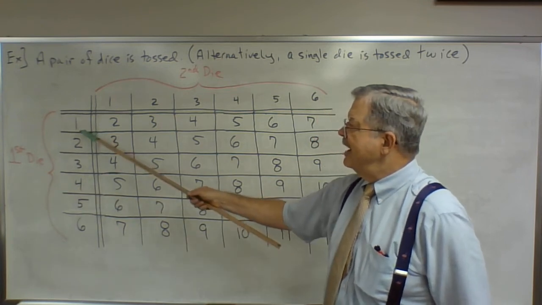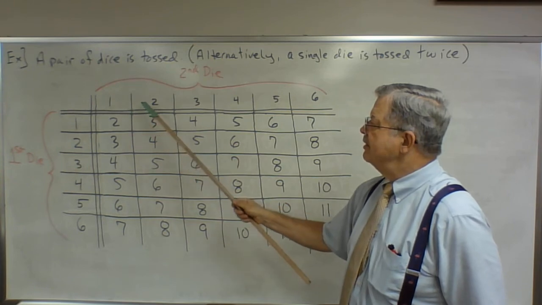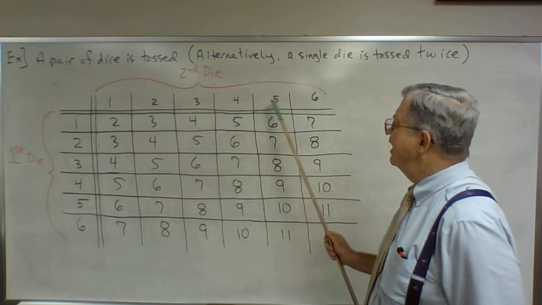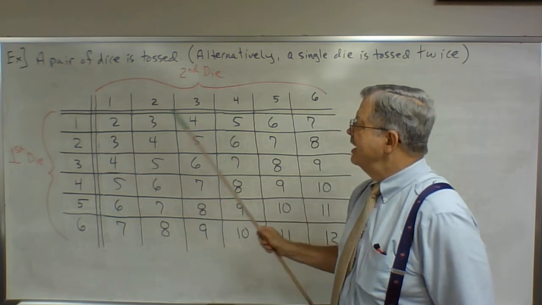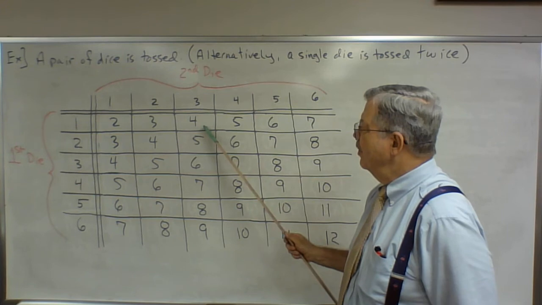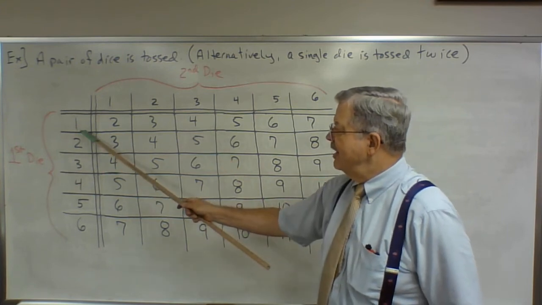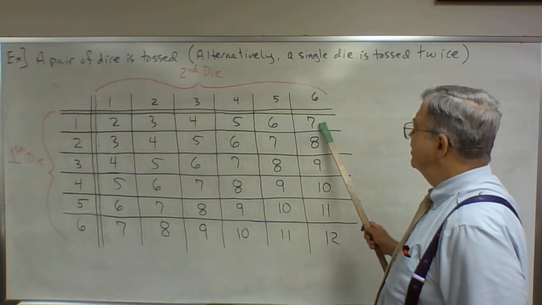If the first die is a 1, the second die can be a 1, a 2, a 3, a 4, a 5, a 6. If the first die is a 1 and the second die is a 3, the total is a 4.